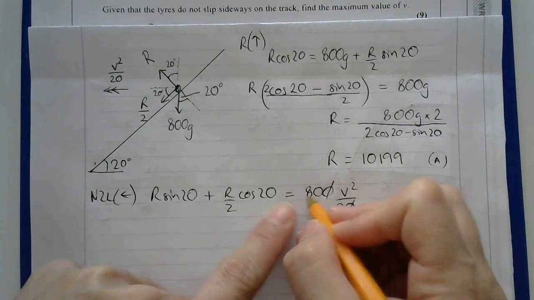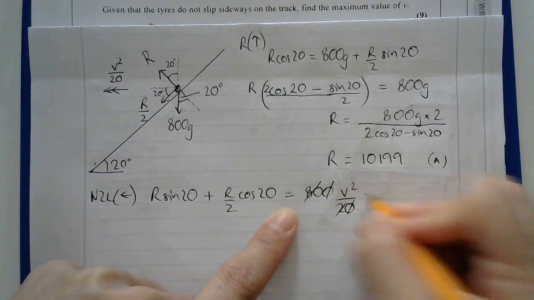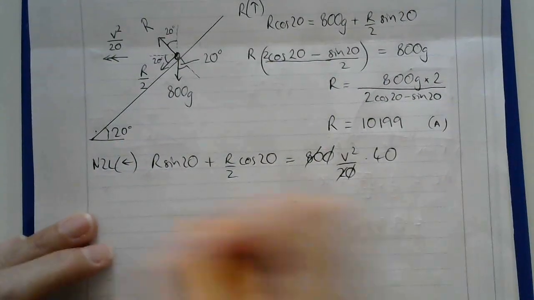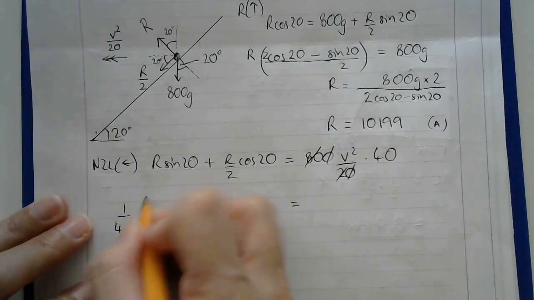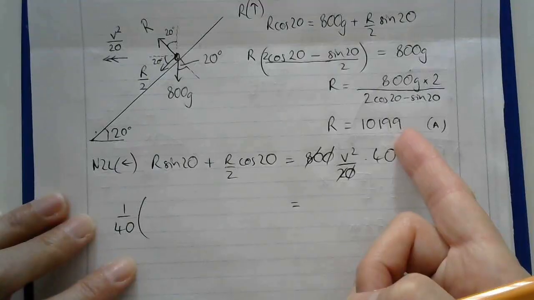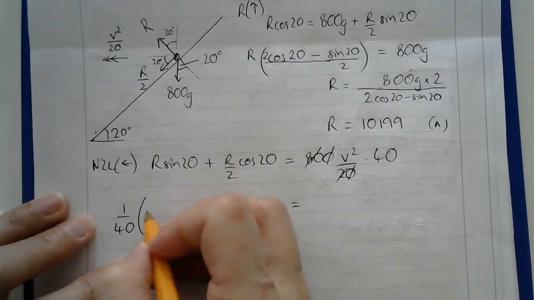Here I get 800 divided by 20, which is 40. And so v squared is going to be 1/40th of that. I'm going to recall the value from my memory so I don't have to keep typing it in.